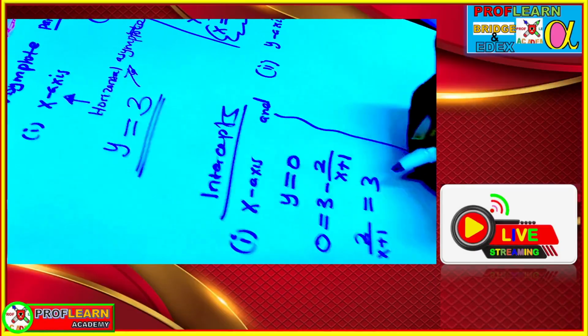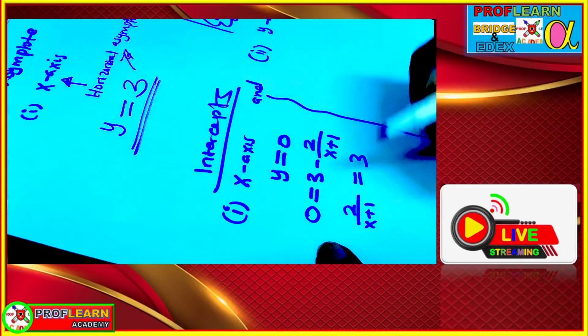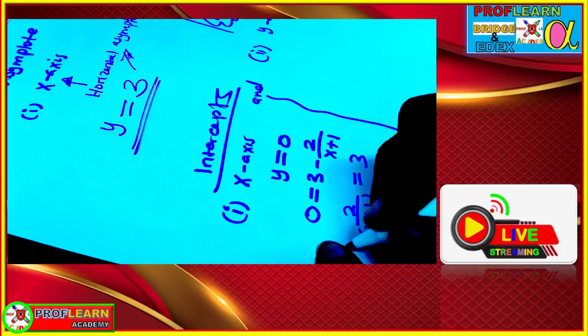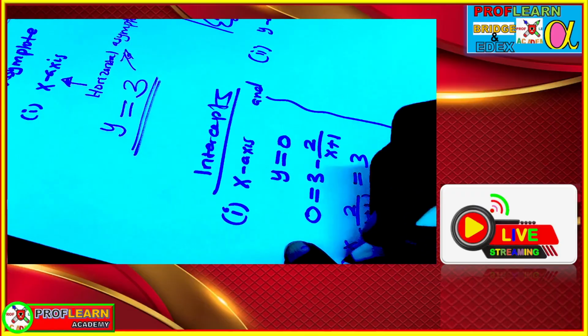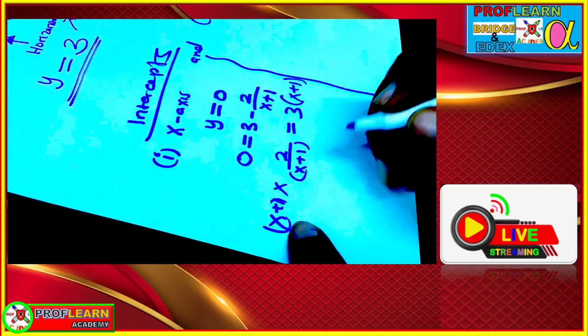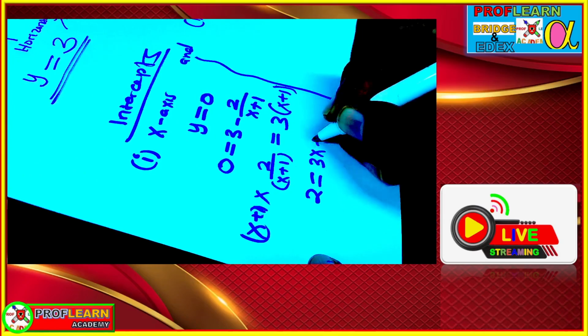is equals to 3, because if you take this on the other side of the equal sign, it becomes positive. Then multiply the fraction both sides by x plus 1. So we end up having 2 is equals to 3x plus 3.